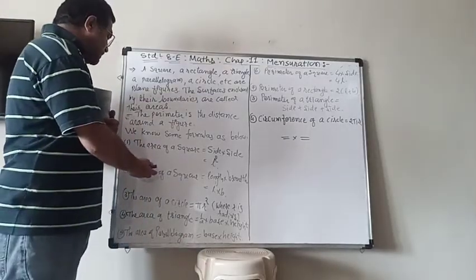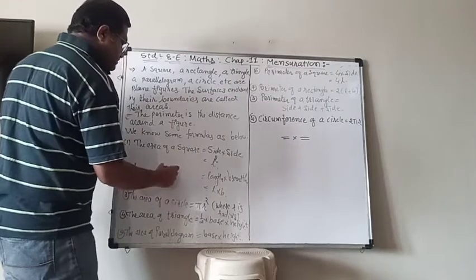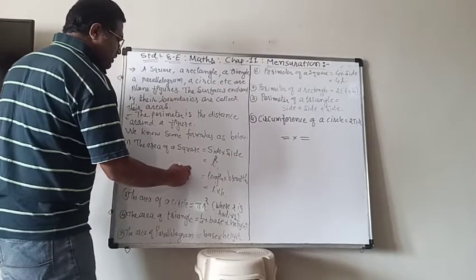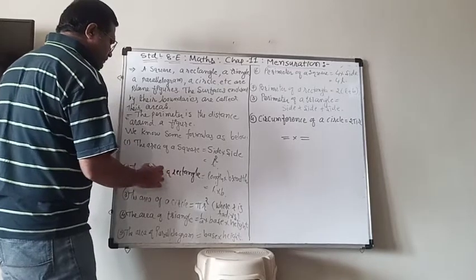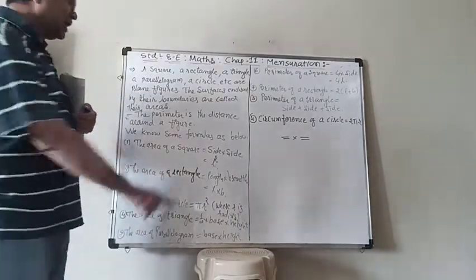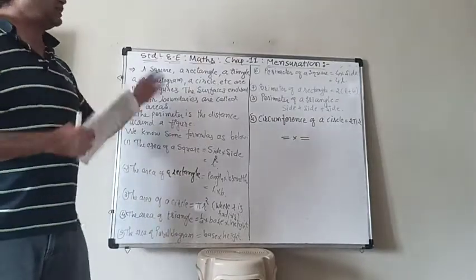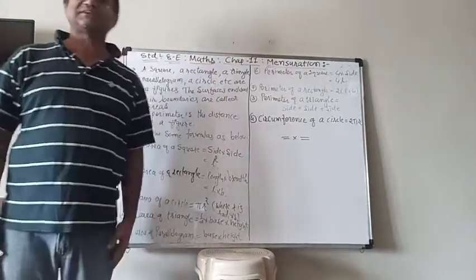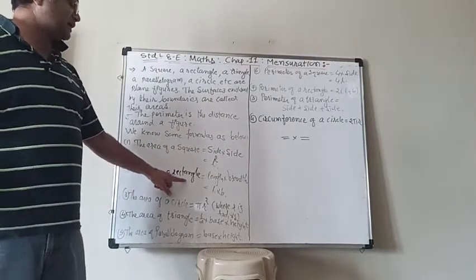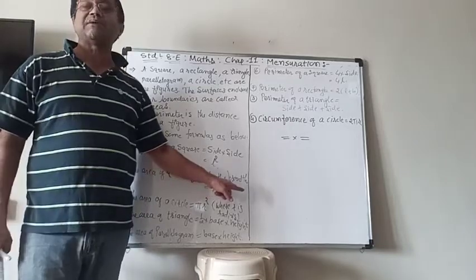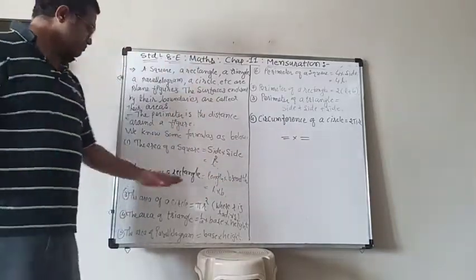Similarly, the area of a rectangle is equal to length multiplied by breadth, means L multiplied by B. So if we know the length and the breadth of a rectangle, then area we can find easily by the formula L multiplied by B, means length multiplied by breadth.